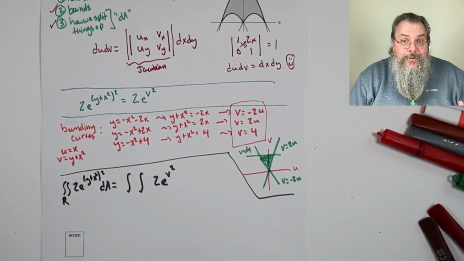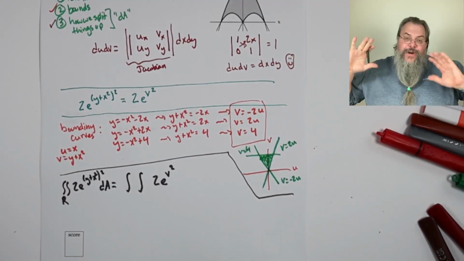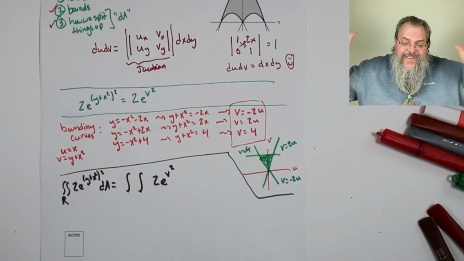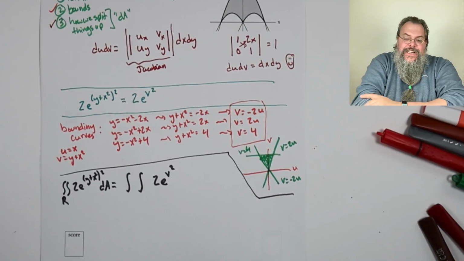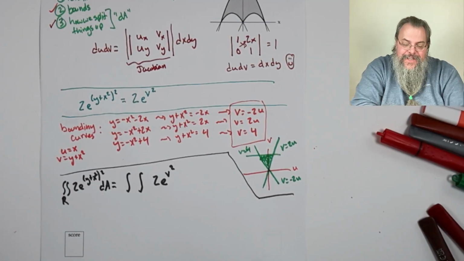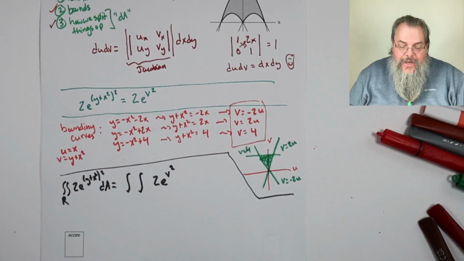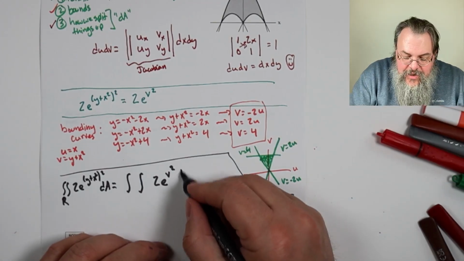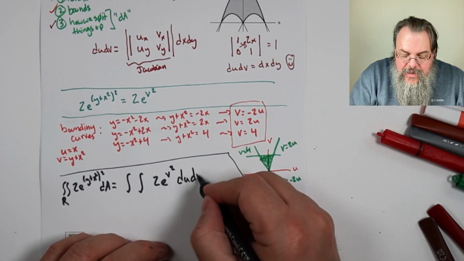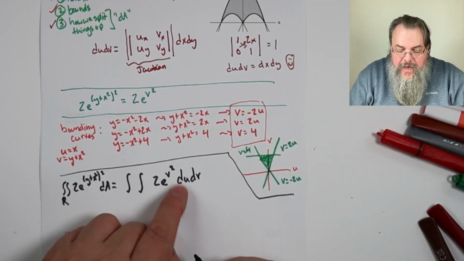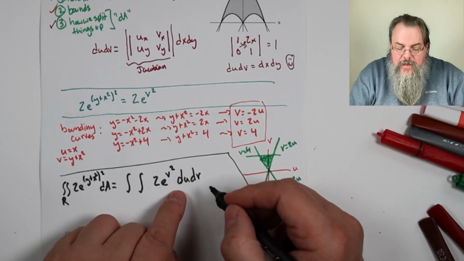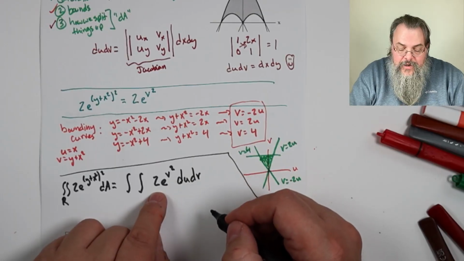We don't want to integrate with respect to v. e to the v squared, that's terrible. That's going to be a terrible integral. So we're not going to want to integrate with respect to v first. So we say, okay, let's integrate du dv. Because with respect to u is pretty straightforward because there's no u, so that won't be very hard.